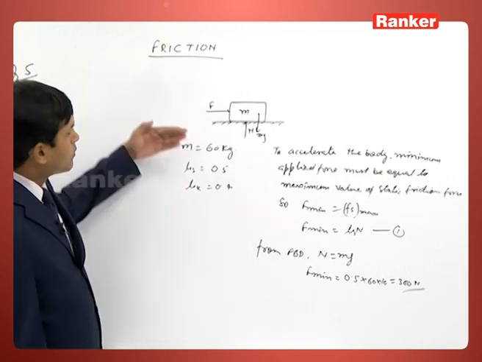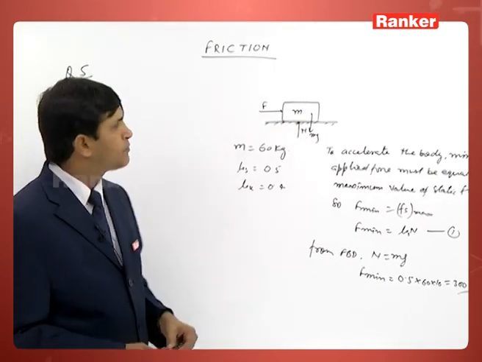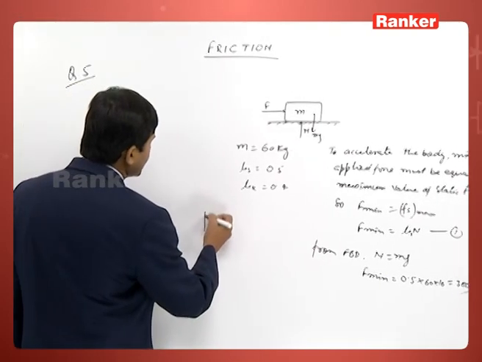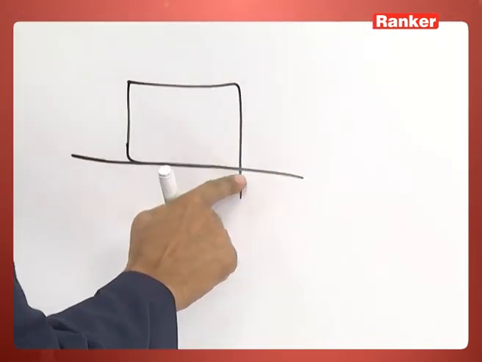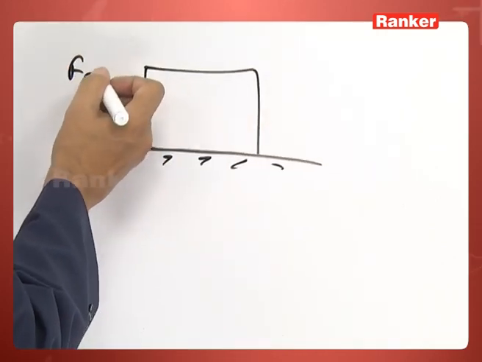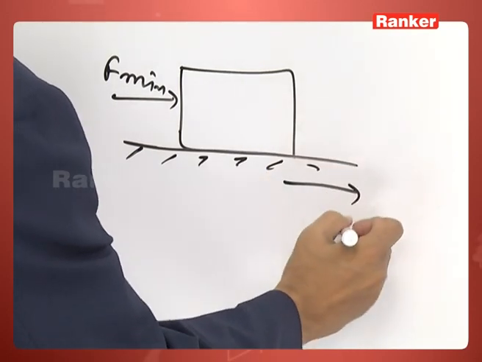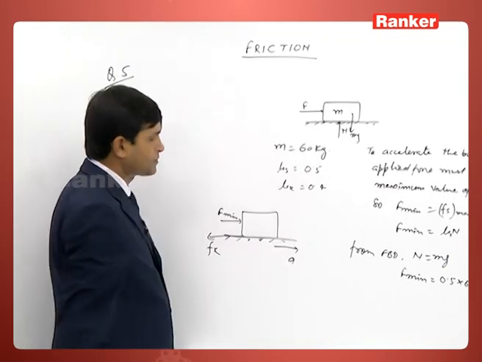But they are asking for the acceleration. Once the body starts moving, the friction force will be kinetic friction. So we make the equation again. In this body, F minimum is acting and the body has acceleration A. At that time the friction force is F kinetic.